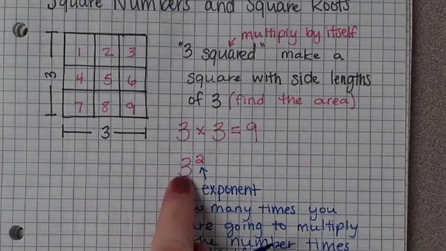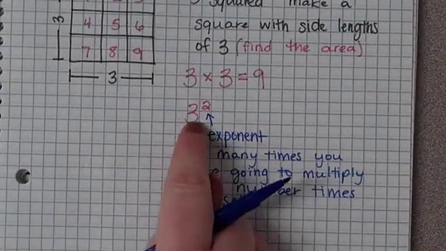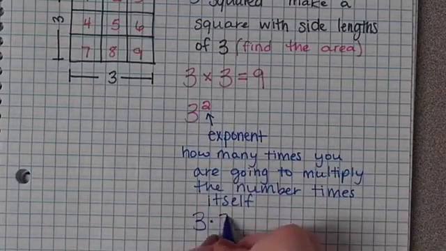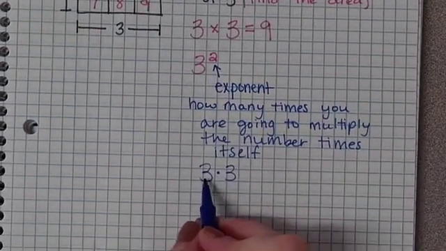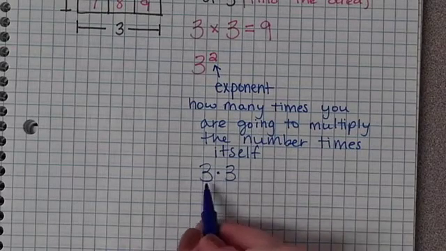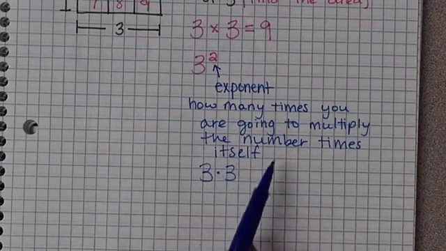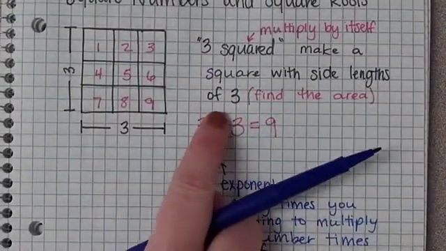So since it says 3 squared and it's a 2 as the power, you would have 2 3s. Notice there are 2 of them. So it'd be 3 times 3, a number times itself. Really this is just finding the area of our square.